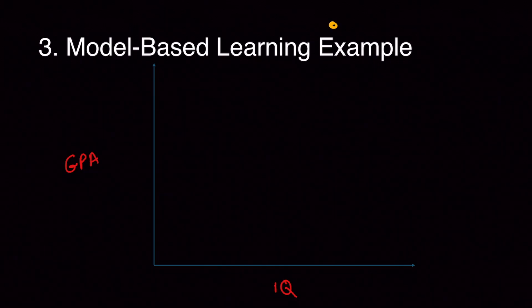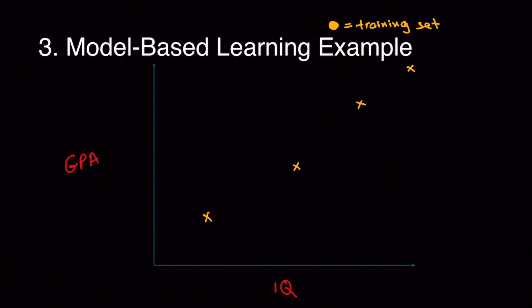So yellow equals training set, and if your IQ was here, your GPA would be here. If your IQ was here, your GPA would be here. If your IQ was here, your GPA would be here and here. So let's say we had 4 training instances, and that is how they would be plotted on a graph.